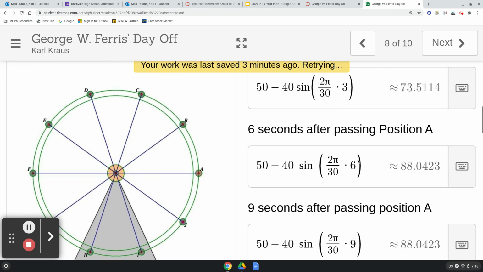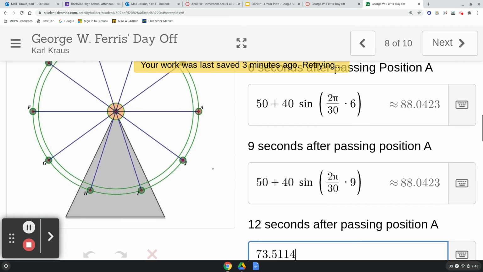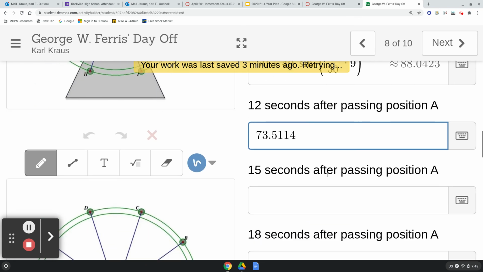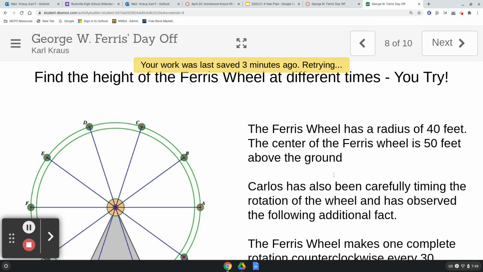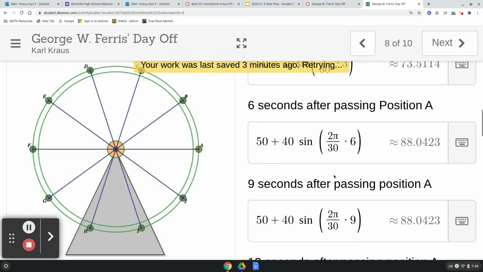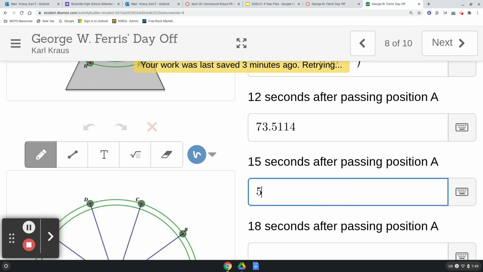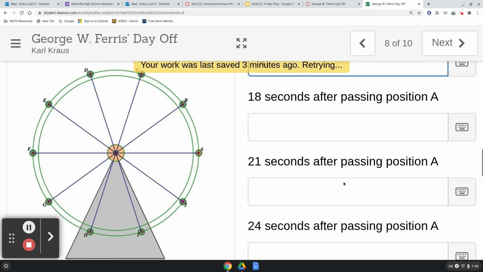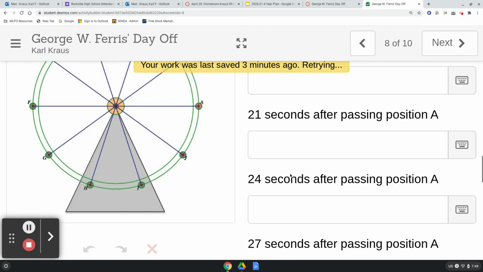And then 15 seconds would be halfway around. So that's going to be on the center line, which is 50. And this all the way around back at 50.